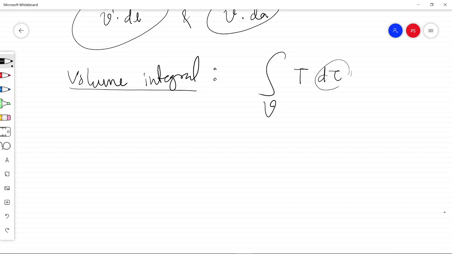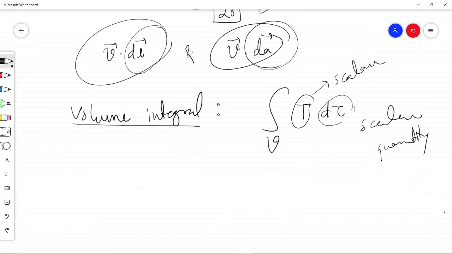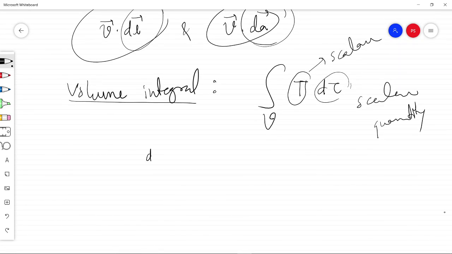Note that this volume element is a scalar quantity, whereas the line and surface elements were vectors. So this is just a scalar function in this case. This volume element is a three-dimensional quantity and it is defined in Cartesian coordinates as dx dy dz.